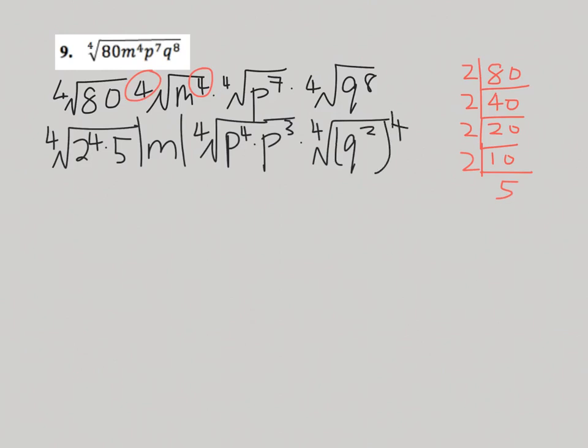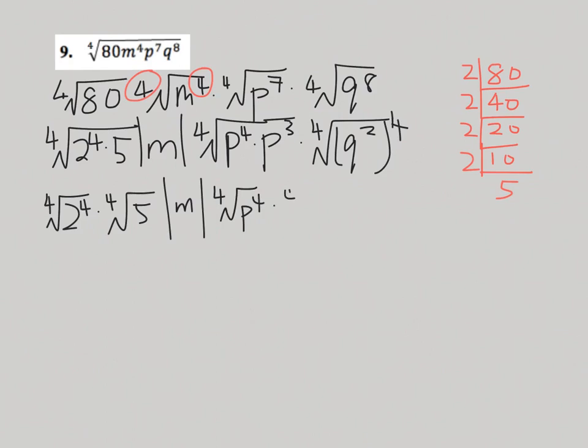And the expression can be simplified into the fourth root of 2 to the fourth times the fourth root of 5 times the absolute value of m times the fourth root of p to the fourth times the fourth root of p cubed times, in this case, for the fourth root of q squared to the fourth, I can just write it as q squared. Here we will not have to put the absolute value sign around q squared because the square of any number, whether positive or negative, is positive.